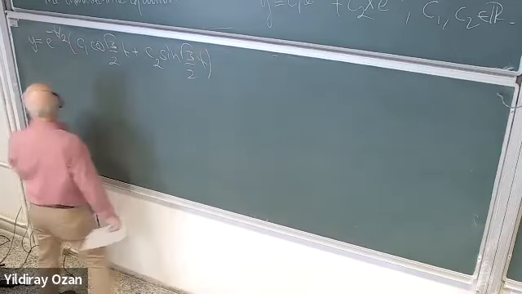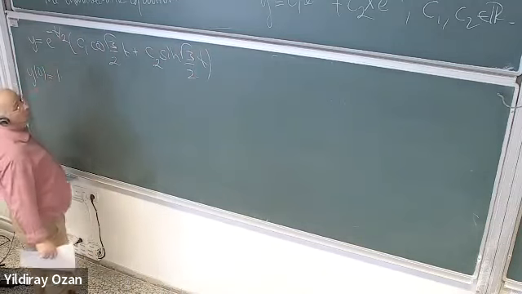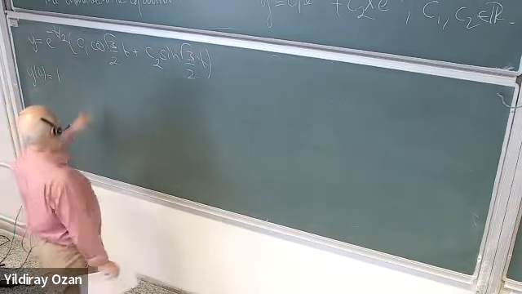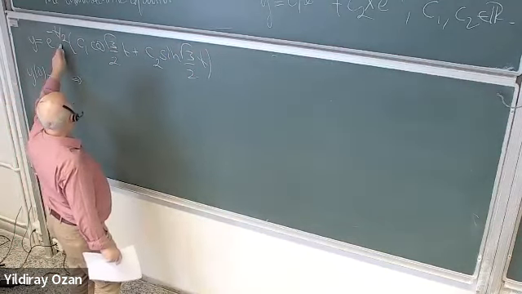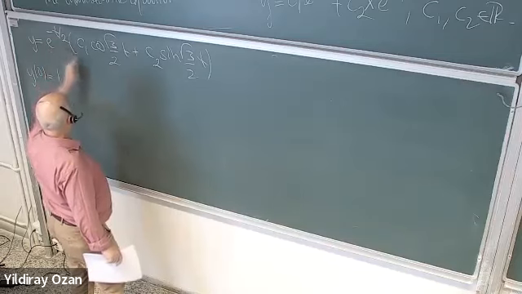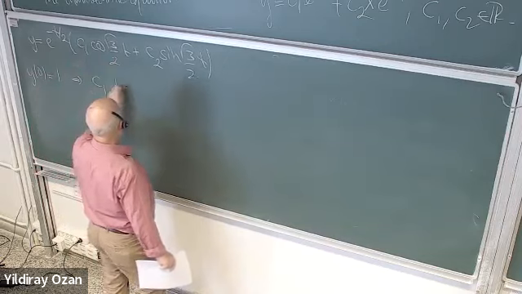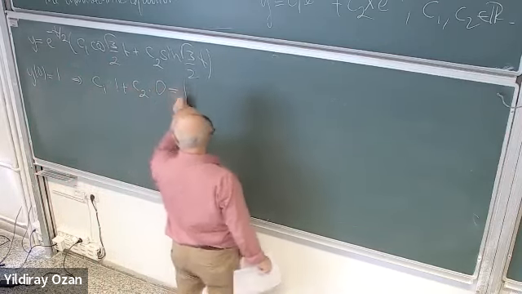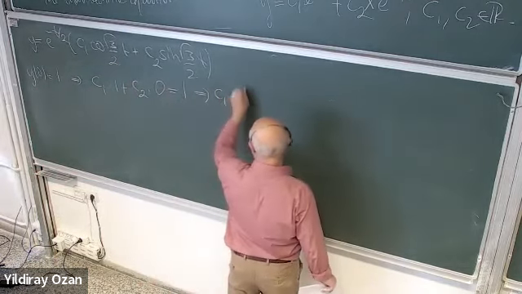What were the initial conditions? y(0) was 1, right? So when I plug in 0 here, I should get 1. I just get 1 times C1 plus C2 times 0, and that is 1. Therefore, we see that C1 is just 1.